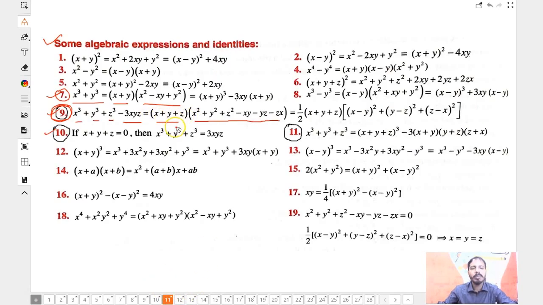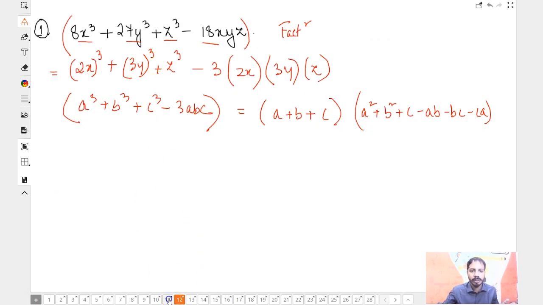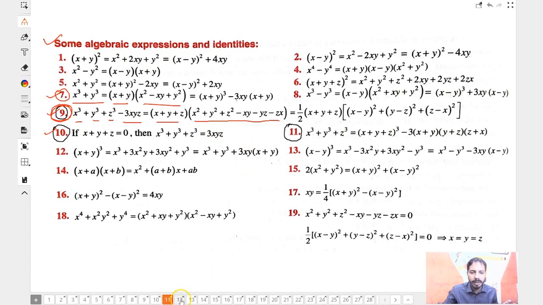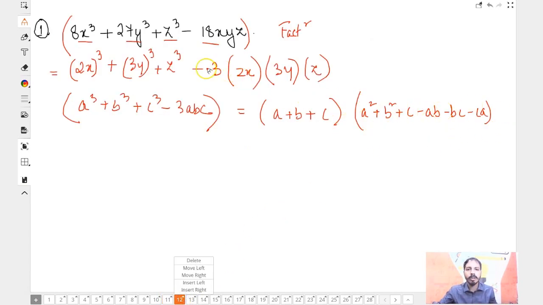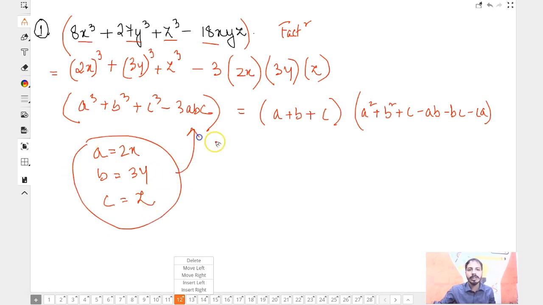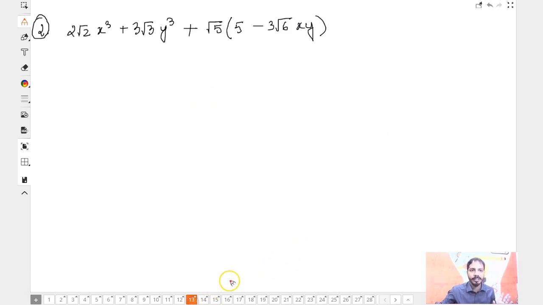In place of xyz I have just taken abc so that you don't confuse between this numerical and this identity. Now you know a is 2x, b is 3y, c is your z. So now we just put these values here and you get the factors. In this way you can factorize this with the help of identities.